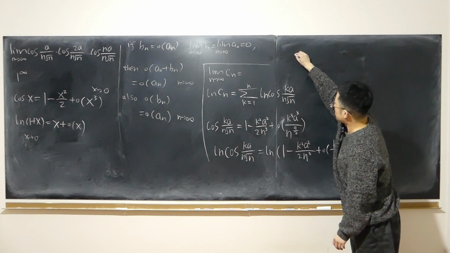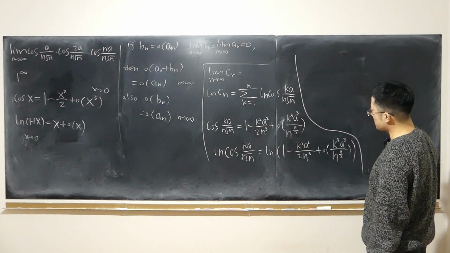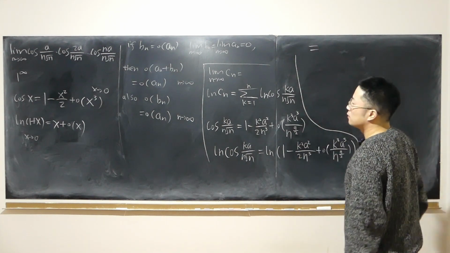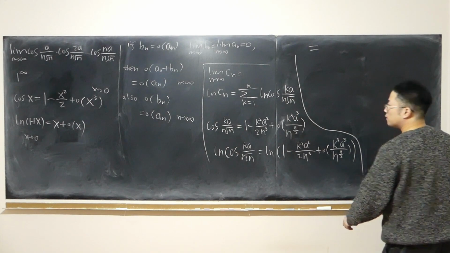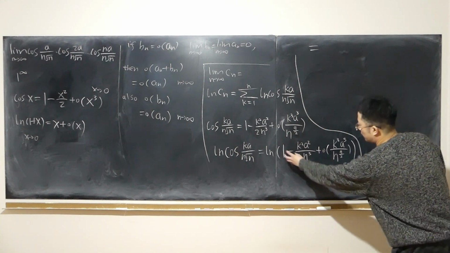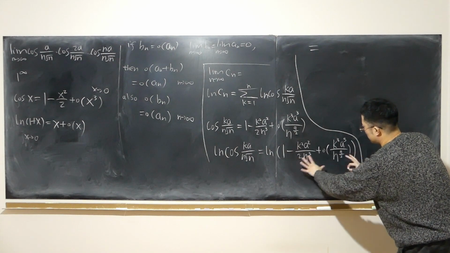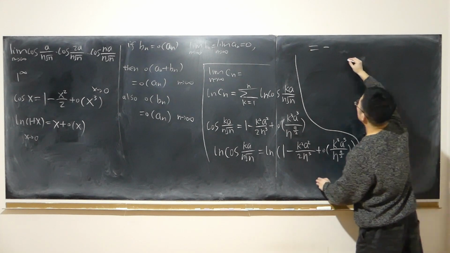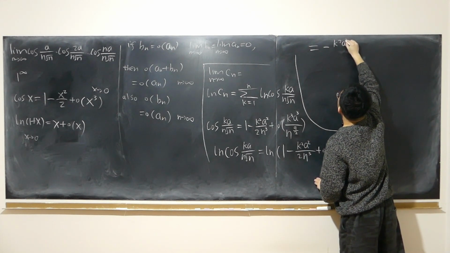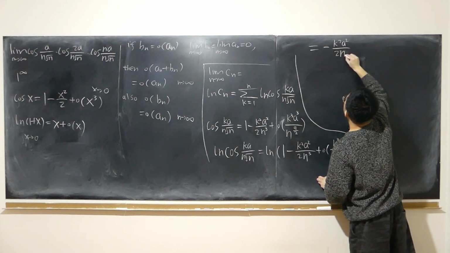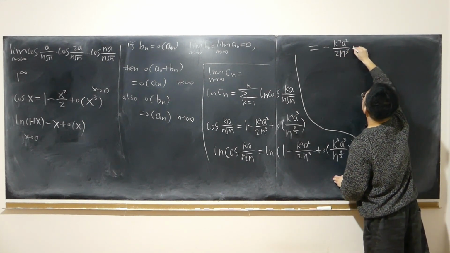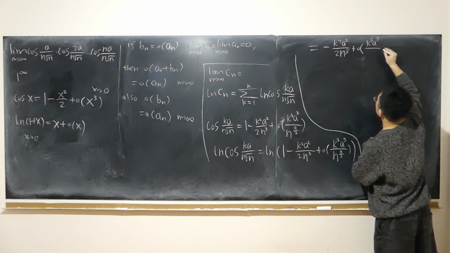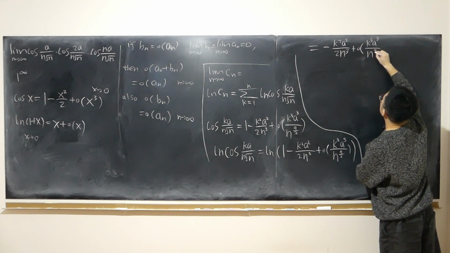And that is equal to log of 1 plus x, where I'm treating this as x. It says minus k squared a squared over 2n cubed plus little o of k cubed a cubed over n to the power of 9 over 2.